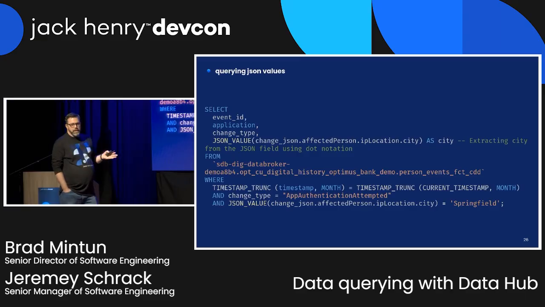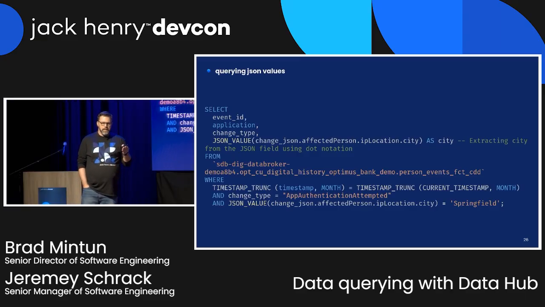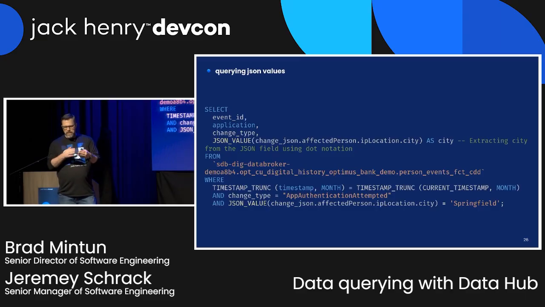This is something that I really liked about BigQuery. I've done JSONB columns in Postgres before, and navigating the path to get to the data piece within that JSON blob that I want has always been a little bit tricky, and it requires some syntax that's not quite intuitive.